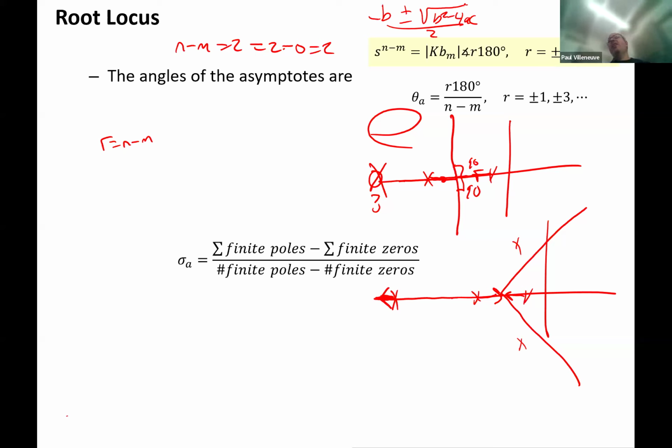If we have complex numbers, then what we have is plus or minus j times the square root of AC minus b squared over 2 squared.